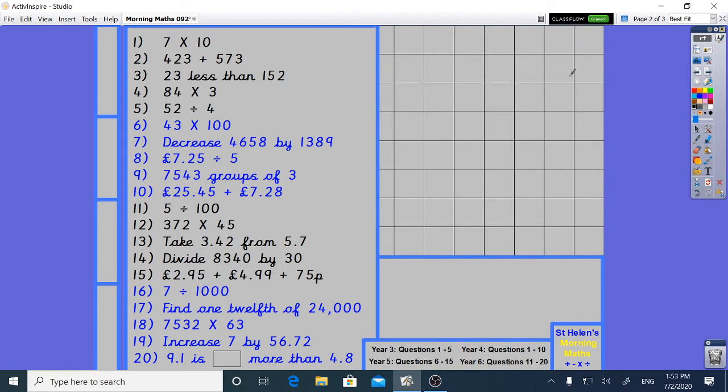And now we're on year 4. Question 6, 43 times 100. I'll do this with the moving method I've been showing you. Or you might just place 2 zeros and see that it's 4,300. But with the moving method, the 4 goes 2 columns bigger. That's not bigger. That's smaller. 2 columns bigger.